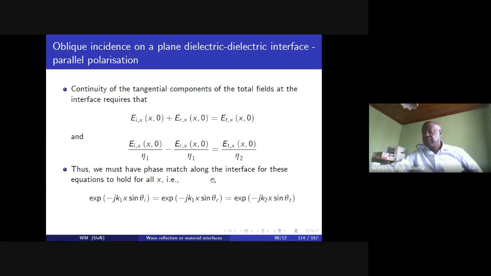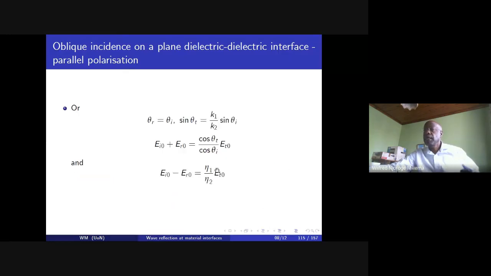Again, this requires that the phase factors be the same for all components involved here. In other words, we have Snell's law of reflection and Snell's law of refraction, which is the same as we had for the normally polarized wave.